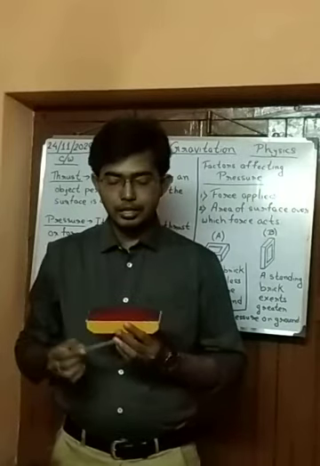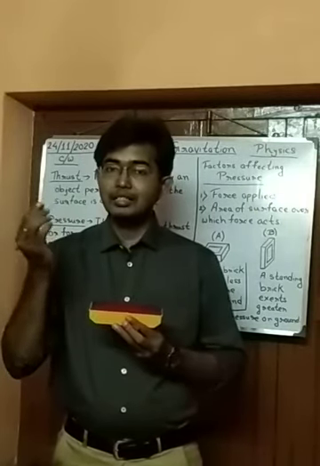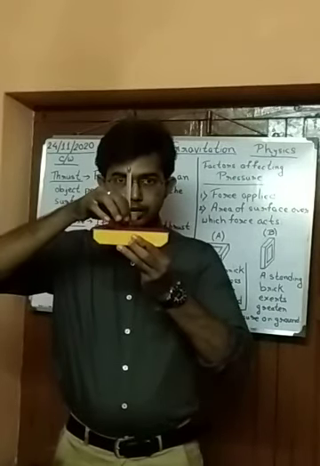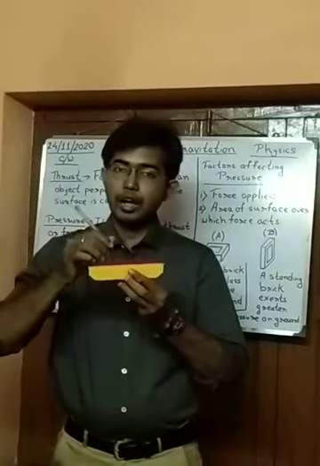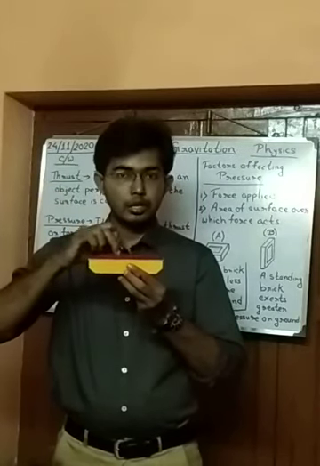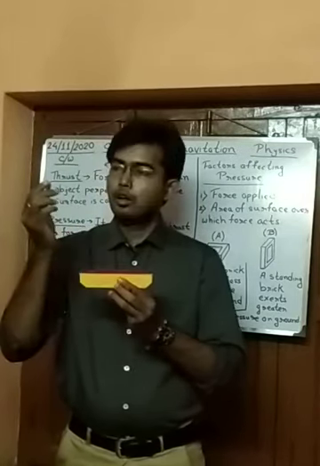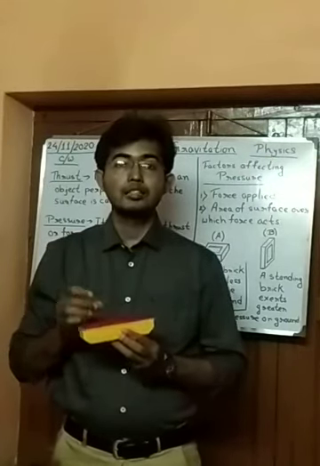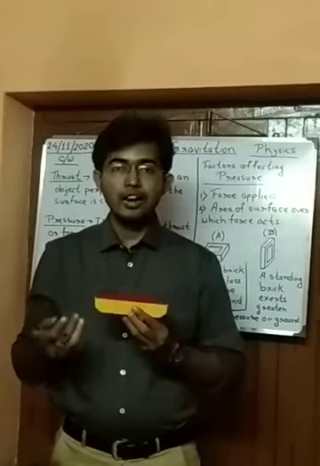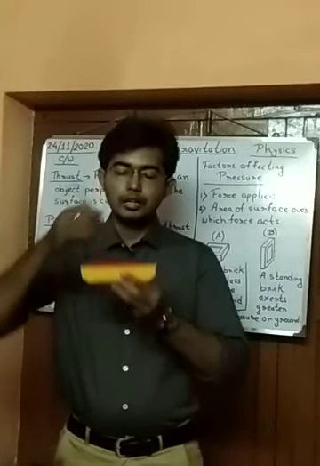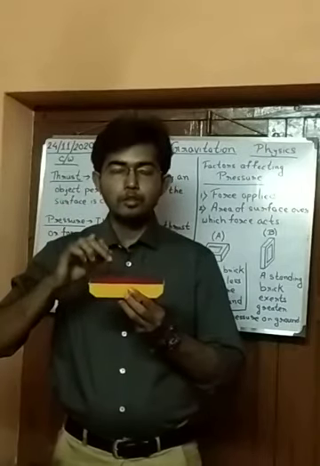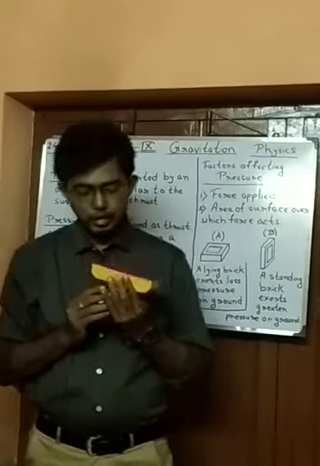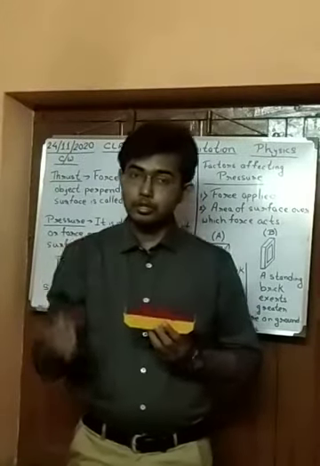Now in the second case, the same force I have applied with the needle on the whiteboard duster, but the area of the needle is very small, due to which the pressure exerted is very large, and that is why the needle of this pen went inside the whiteboard duster.